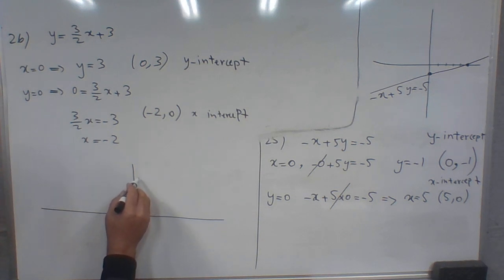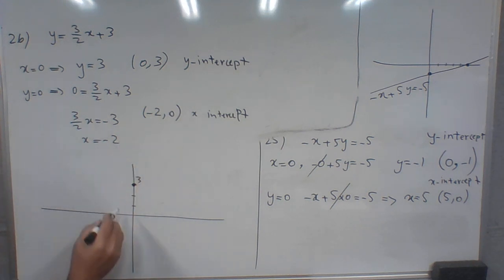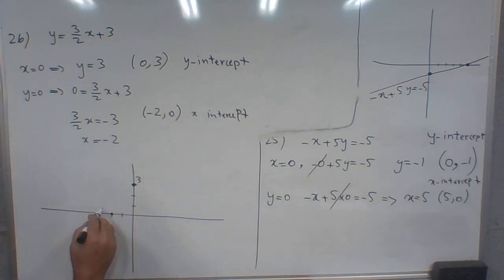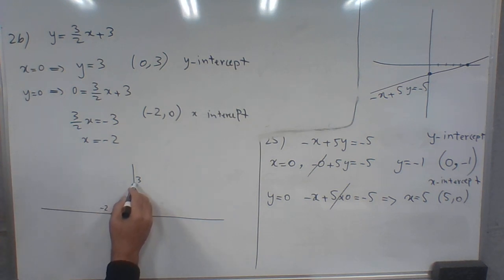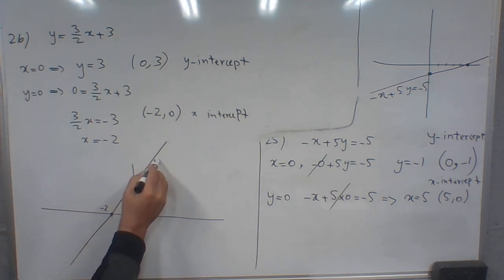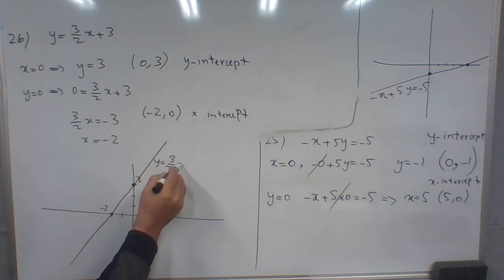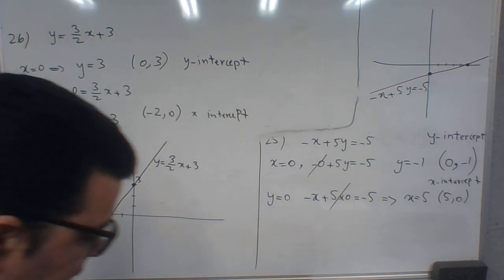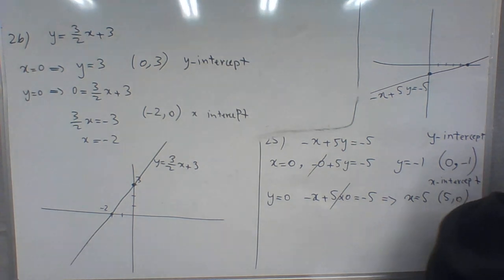So this is 3, so this is 1 point, and then negative 2 in x direction, and no movement in y direction. So this is negative 2. So connect these two points. So this will be this line, y equals 3/2 x plus 3. Okay, let's go to the next problem.